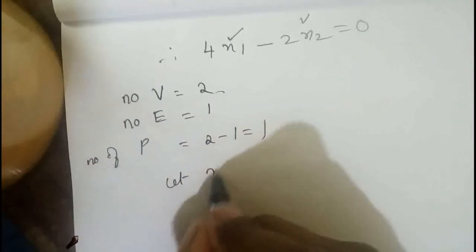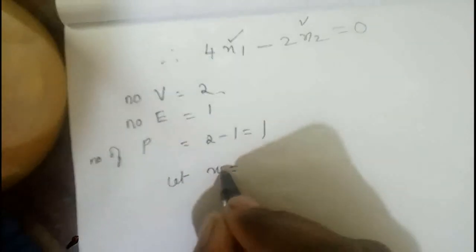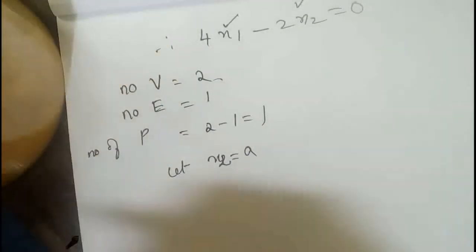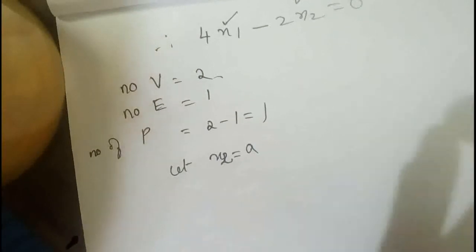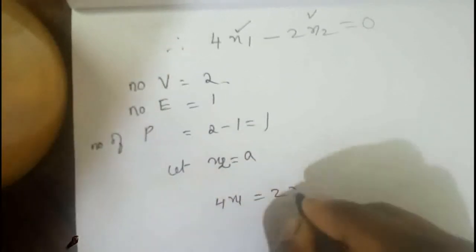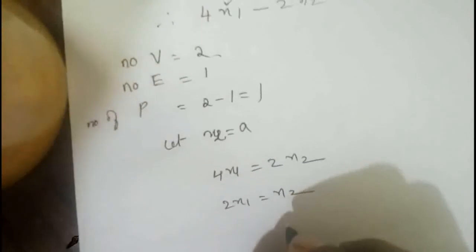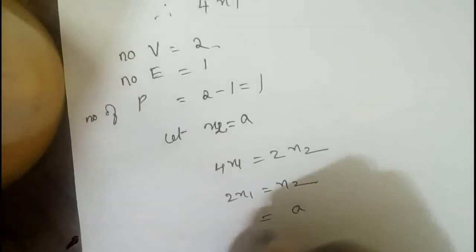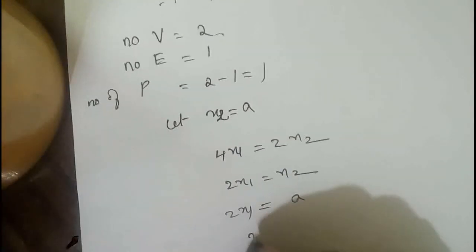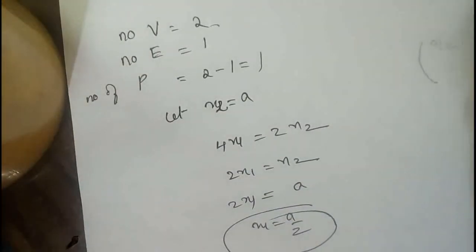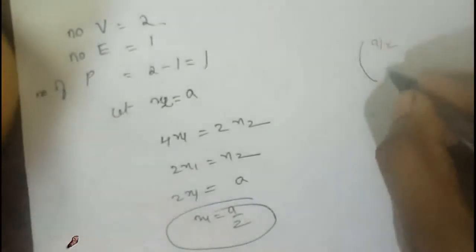We can take x1 or x2 as a parameter. So I would like to take x2 equal to a. 4x1 equal to 2x2, 2x1 equal to x2. So a equal to 2x1, so x1 equal to a by 2. So we got a by 2 and a.